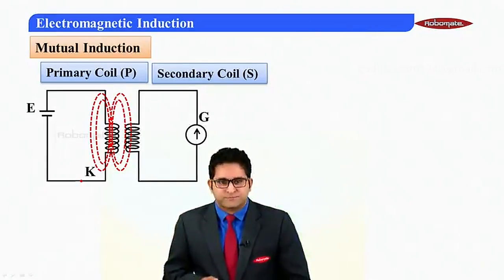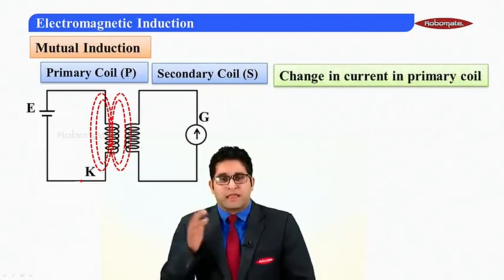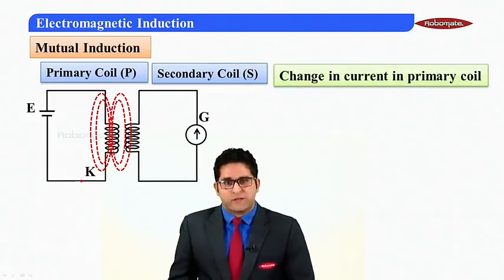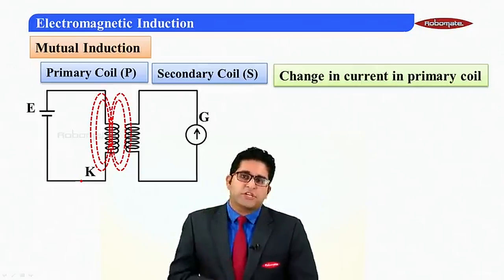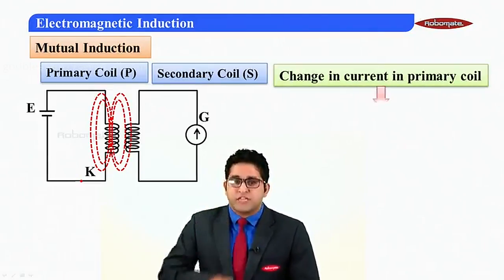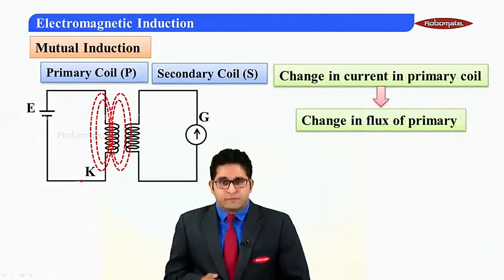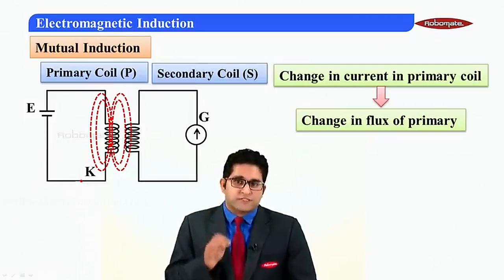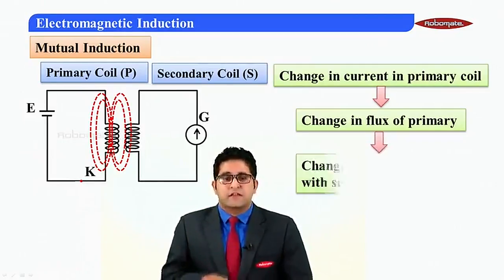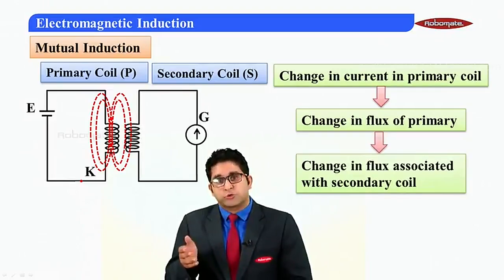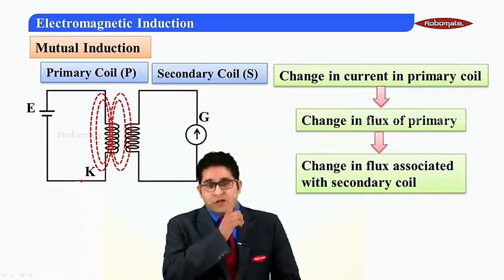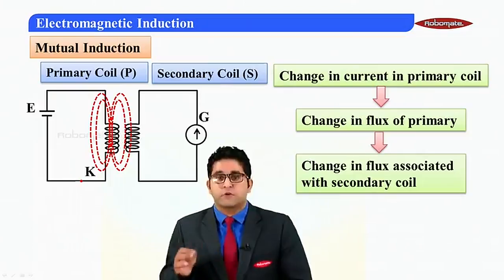Now let us summarize this. What has happened over here? I can say there is a change in current in the primary coil, right? And because of the change in current in the primary coil, there is a change in flux in the primary coil. Now because of the change in flux in the primary coil, there is a change in flux associated with the secondary coil, and because of this change in flux, what is induced?